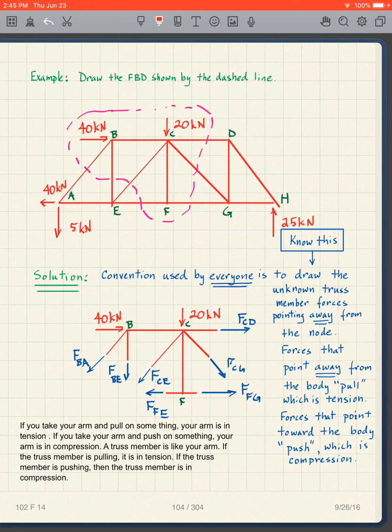It doesn't really matter whether we call it member BA or member AB. It's the same thing. In this case, I'm calling it FBA. FAB, FBA, same thing. And then this one goes from B to E, C to E, F to E, C to G, F to G, C to D. So that's how we're going to label these.